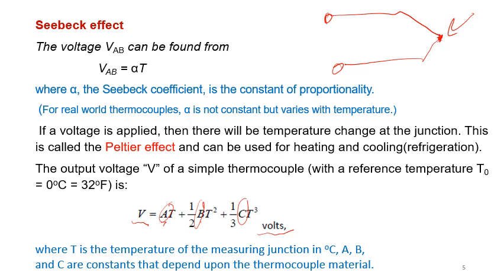This means the factory which manufactures the thermocouple, based on the material used to make it, comes out with these constants. So in the data sheet of the thermocouple, you will find these constants.